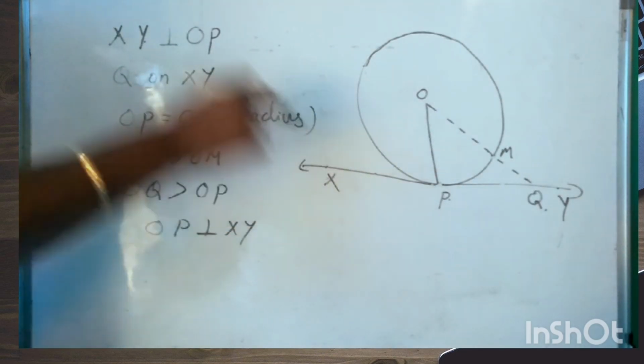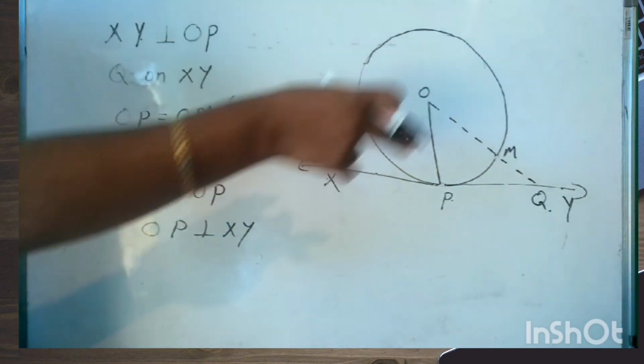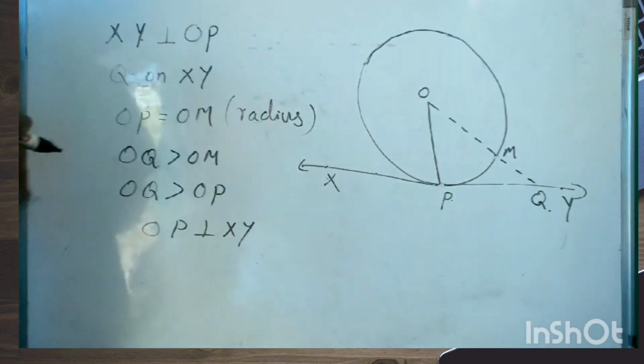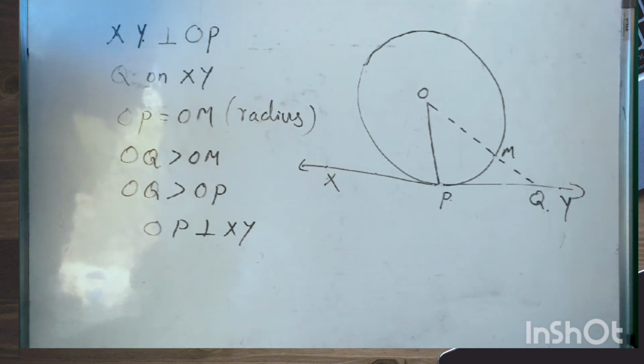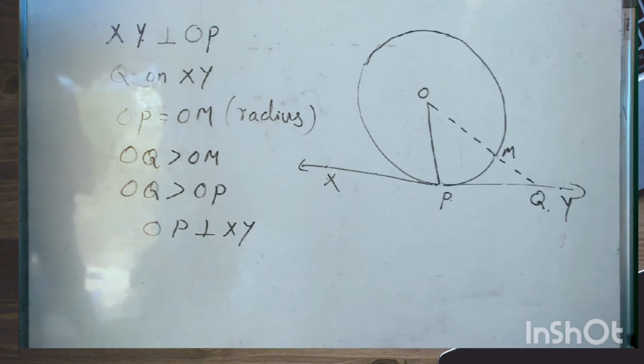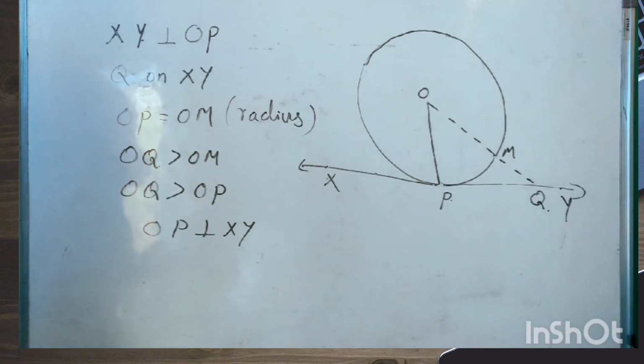It happens for all the points on XY except P. So OP is the shortest distance of all the distances from the point O to the points of XY. So OP is perpendicular to XY.